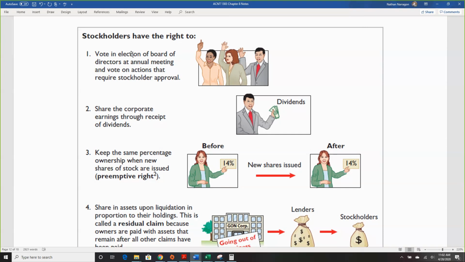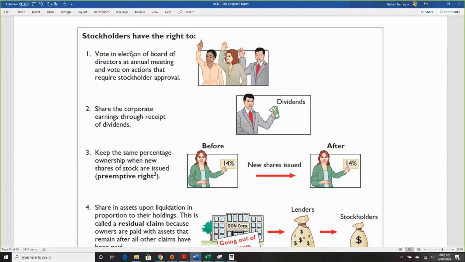Basically, that's the big thing. And they either give their yay or nay on certain things that the board wants to do. But basically, the stockholders' main right is the hiring of the board of directors. They don't have anything to deal with management of the company.